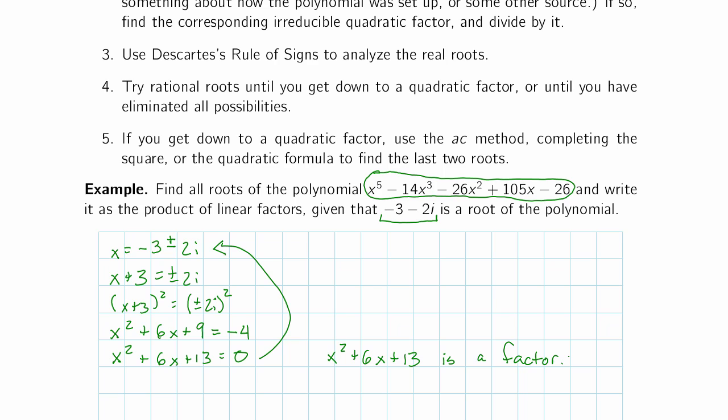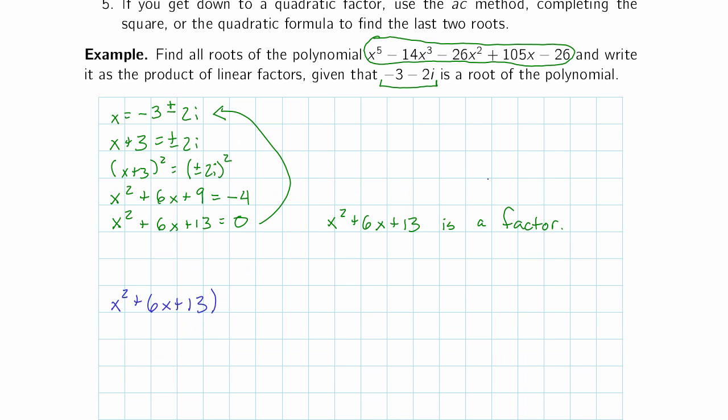Now we'll divide by that, making sure my terms are in order and I don't have any gaps. I have an x to the 5th. Oh, I don't have an x to the 4th term, so I'm going to fill in a 0 x to the 4th. I have a minus 14 x to the 3rd.